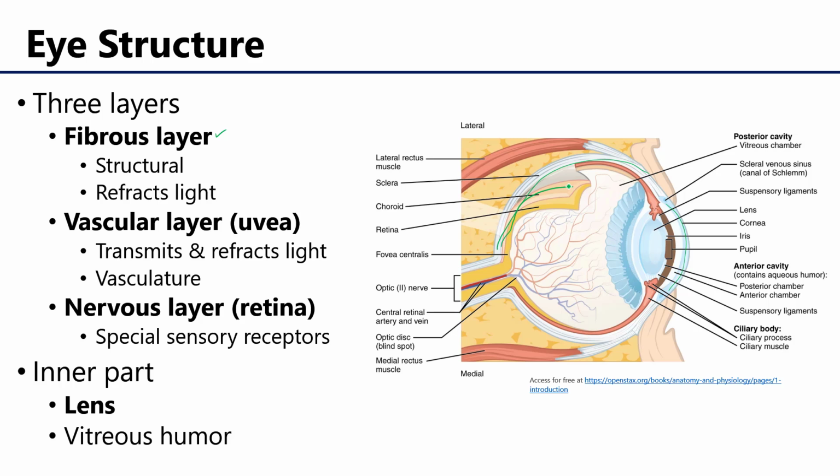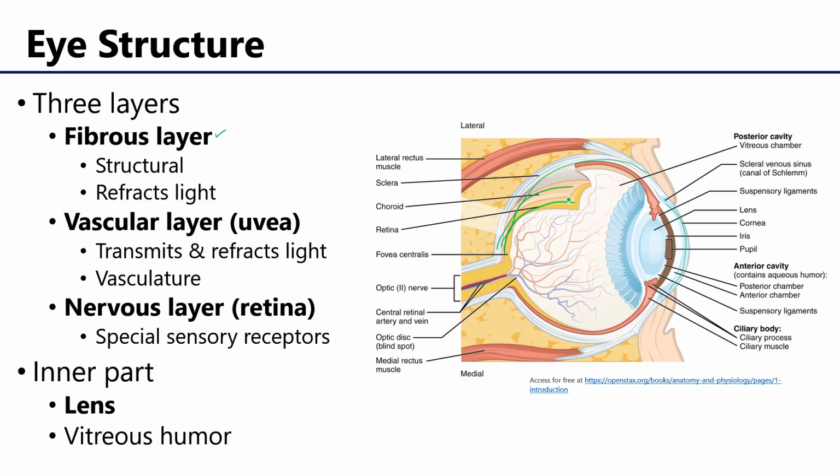And then the deepest layer, or the nervous layer, aka the retina, consists of all of the special sensory receptors, the rods and cones and interneurons that are able to receive light information and make sense of it on its way back to the brain for interpretation.